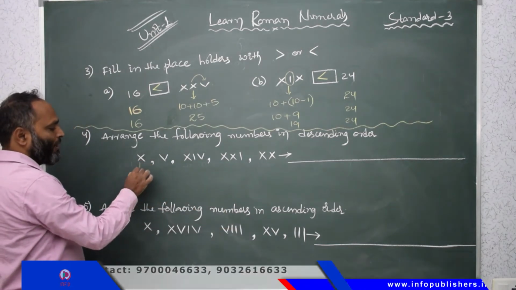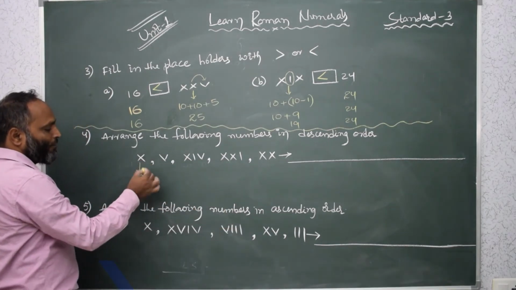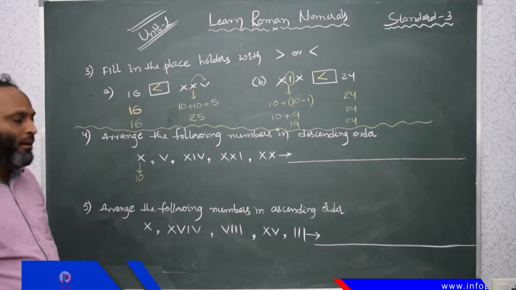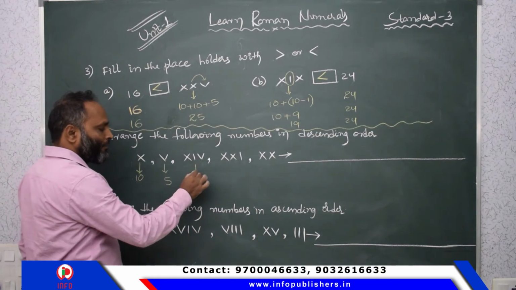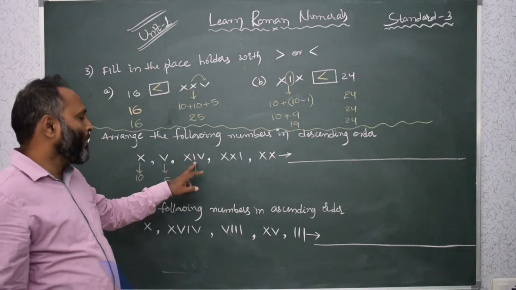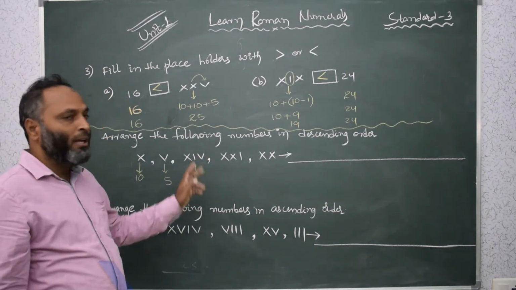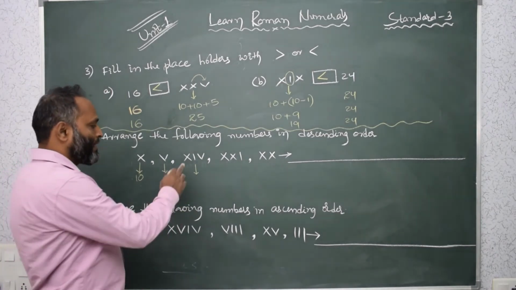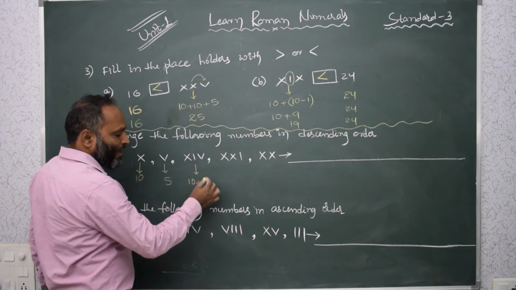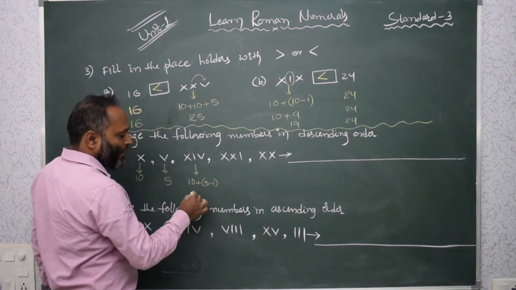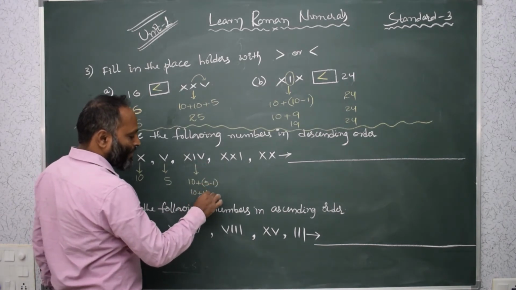This X we already know directly. This is the symbol for 10. V is for 5. Here the smaller Roman numeral is in between the two bigger Roman numerals. The first one we take as it is, plus the other: 5 minus 1 is 4, so 10 plus 4, this is 14.